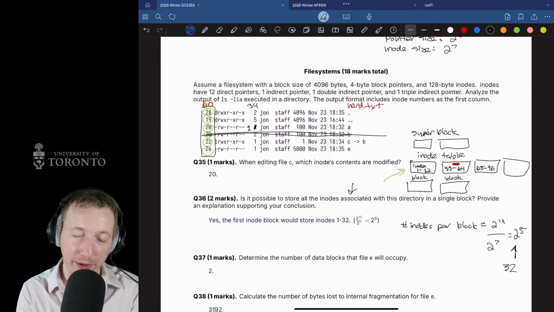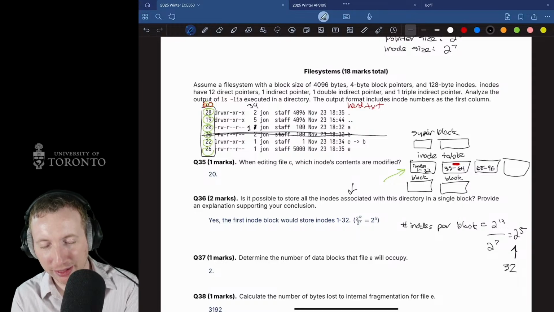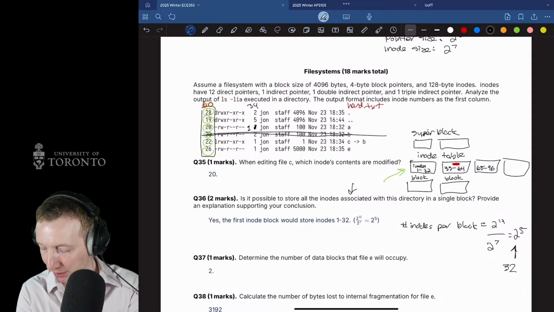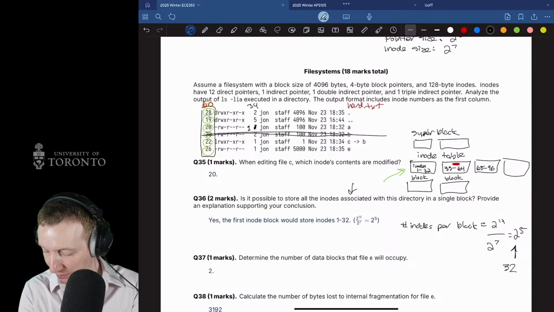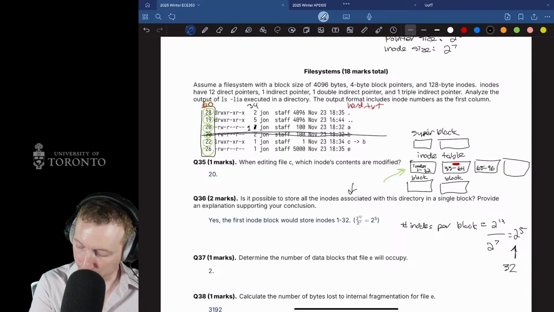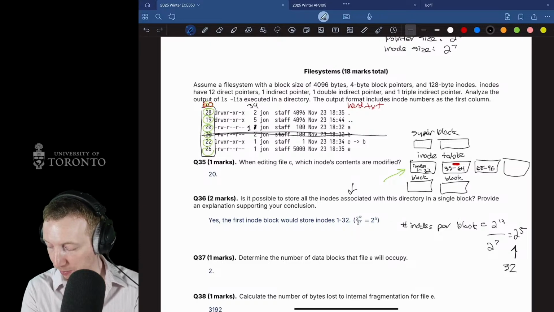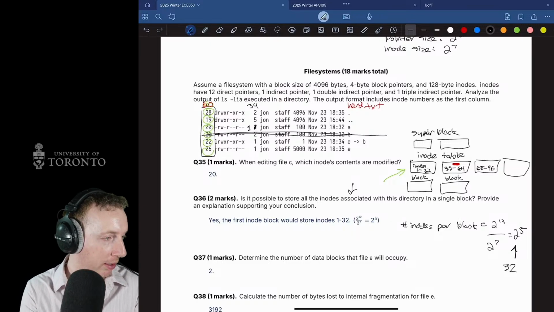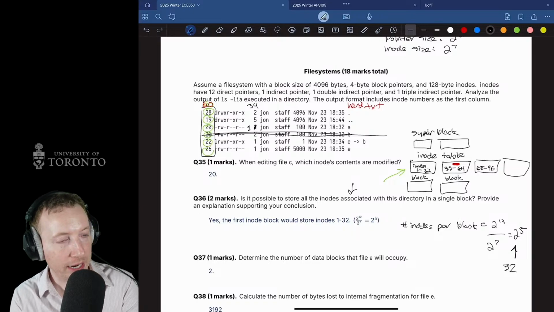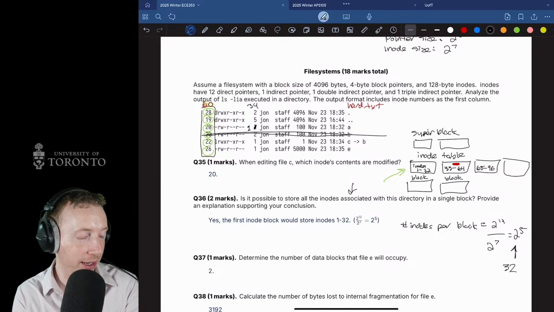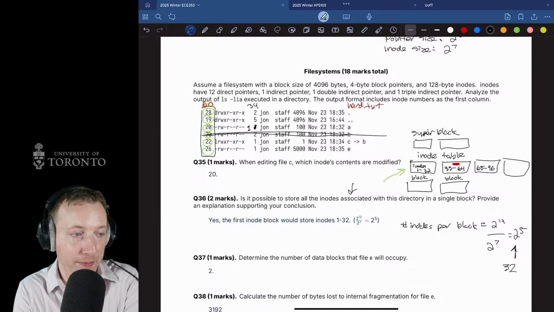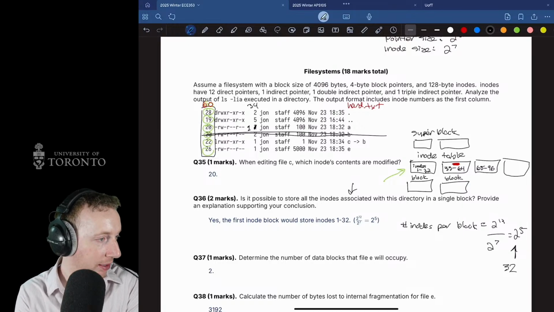So yes, they could all fit on a single block, but no, because only inodes 1 through 32 will be on the first block in the inode table. So it has to both fit and align. It would start with inode 1, so you have to take that into account.